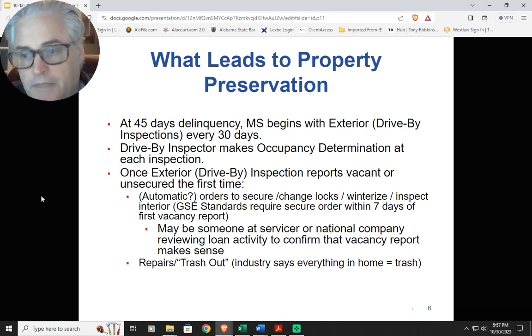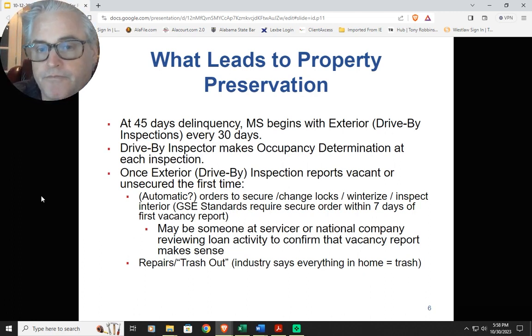So the drive-by inspection, usually it's going to be some 20-something kid, someone who has very little life experience, number one.